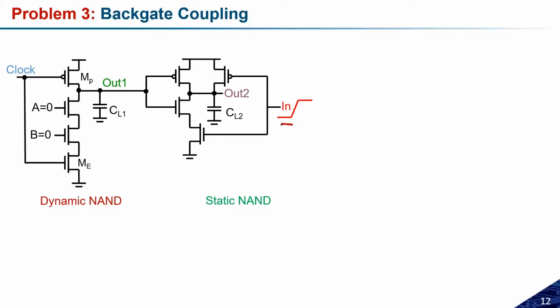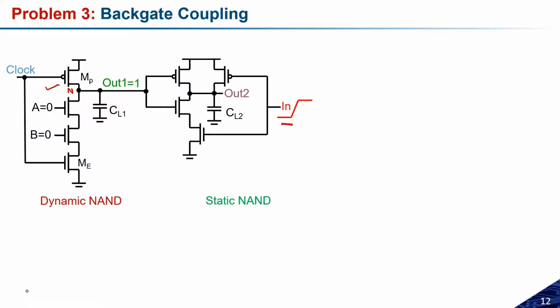Because we have already precharged this node, output 1 is at logic 1.